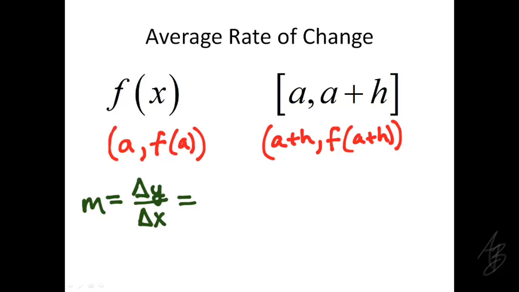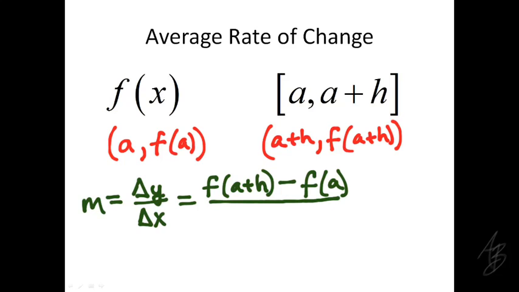And so the difference in y's here will be f of a plus h. Remember, we like to use the second point first in the slope formula. So we're subtracting: f of a plus h minus f of a, and that's going to be over the second x coordinate, which is a plus h, minus the first x coordinate, which is a. So we have a plus h minus a.